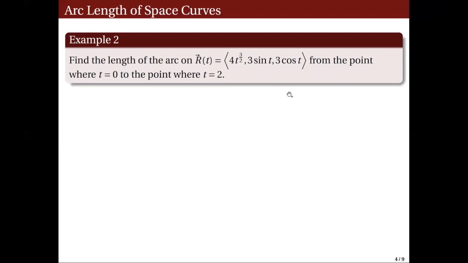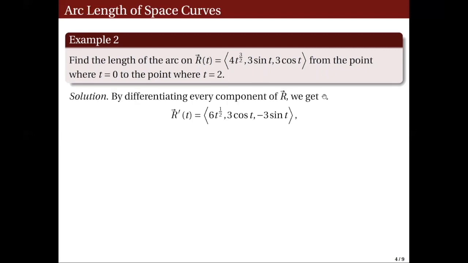The second condition requires us to compute r prime of t. Differentiating every component of r here, so this component will have derivative equal to 6t to the 1/2. The second component has derivative 3 cosine t, and the third component has derivative 3 sine t.